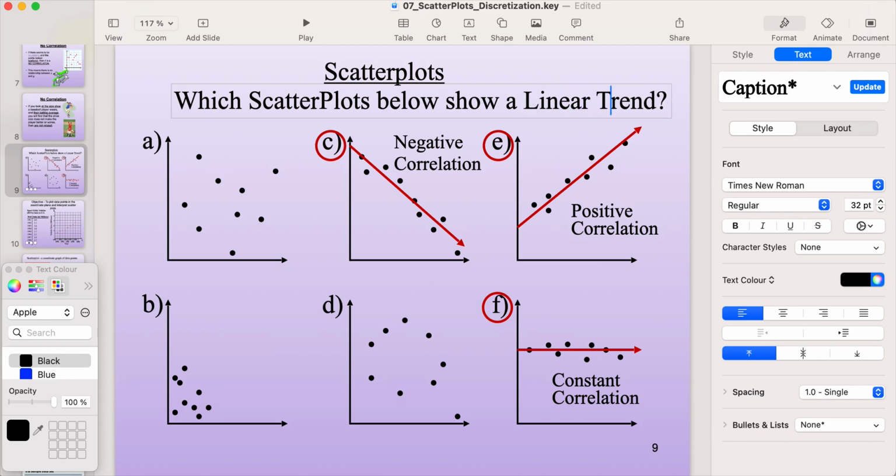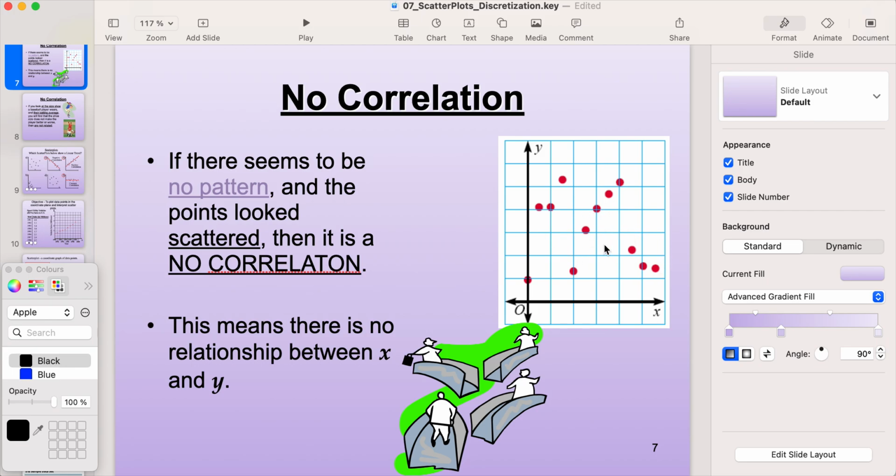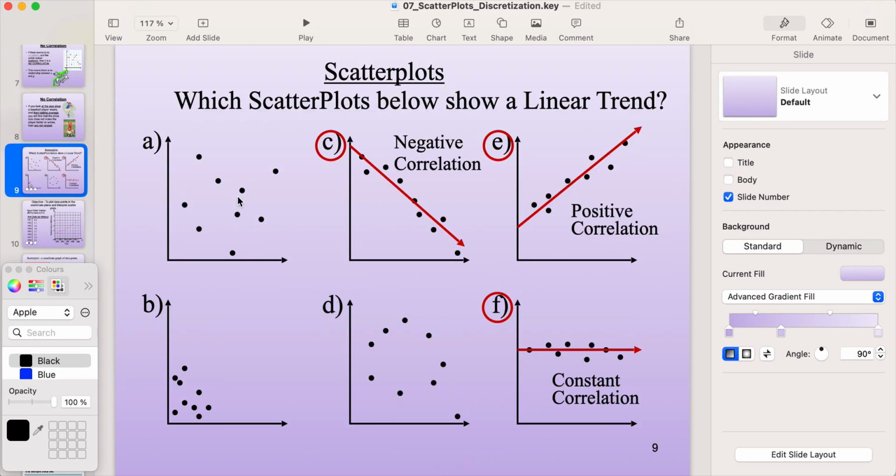So what do you think? Which of those would have a linear trend? Does the first one have a linear trend? Not really. That first one looks like those points are scattered all over the place, and they don't look like they have any correlation or relationship, one affecting the other.